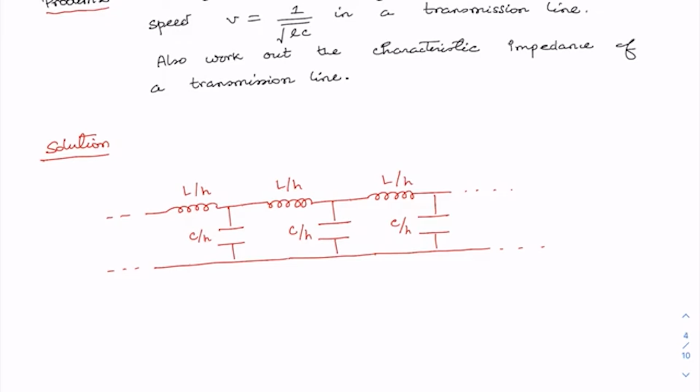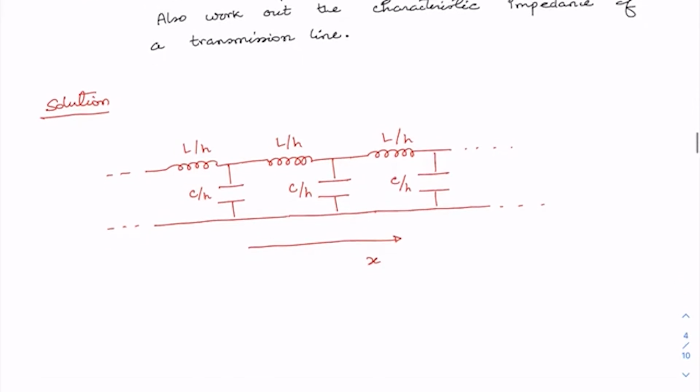So we consider that this transmission line is extended, it's a one-dimensional transmission line, extended along the x direction, so it is an infinite transmission line.